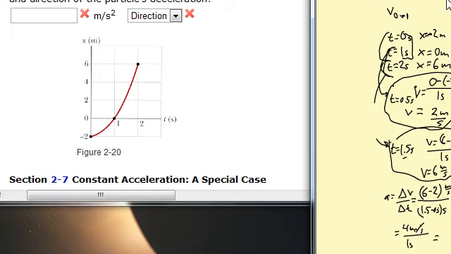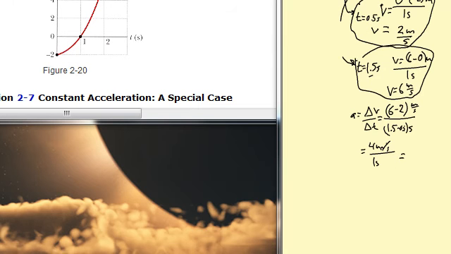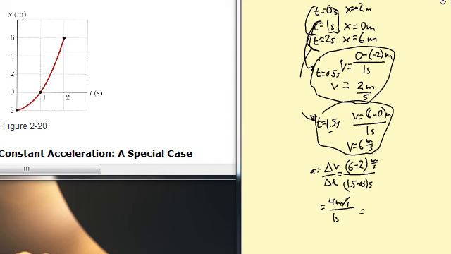That gives us an acceleration of 4 meters per second squared.